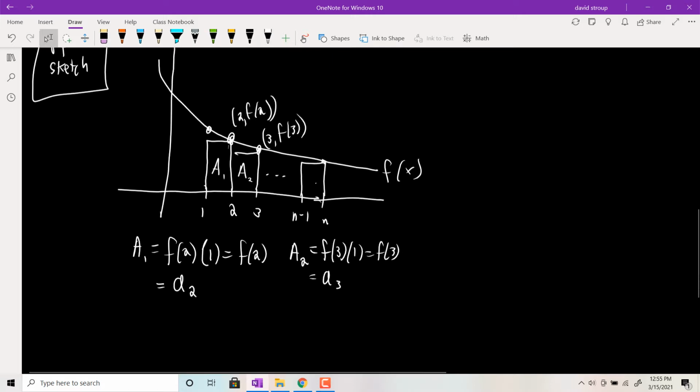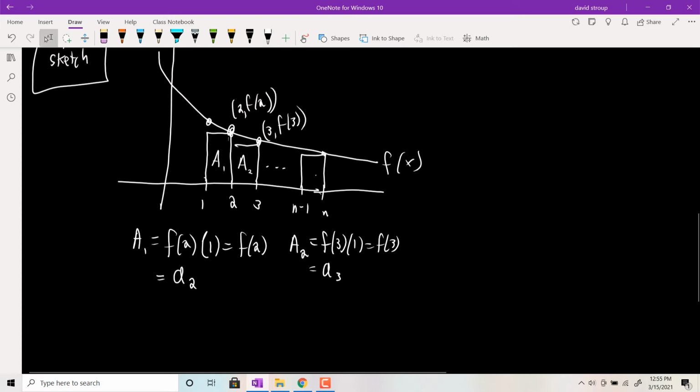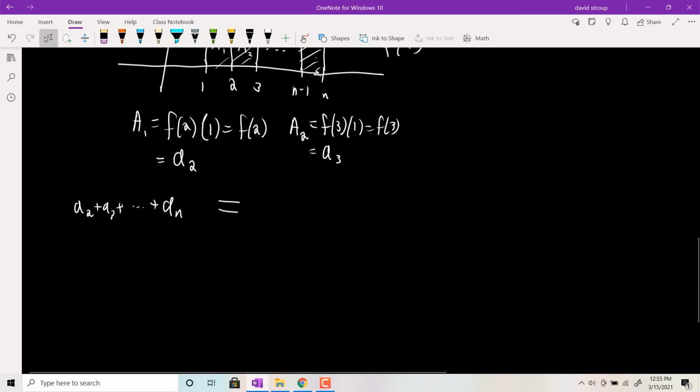Okay. So what you have with these rectangles, the areas of these rectangles, is basically a partial sum of the series. So you have a sub 2 plus a sub 3 plus dot dot dot plus a sub n. And what is that? Well, it's sort of S sub n, but not really.